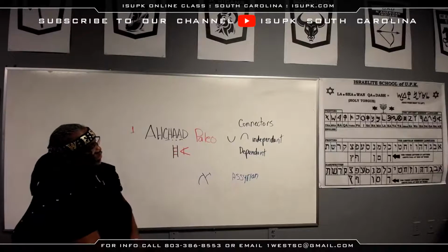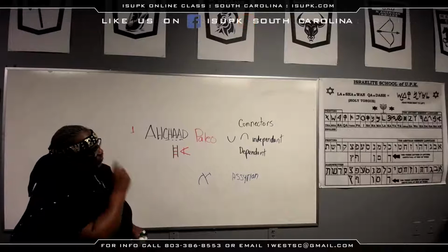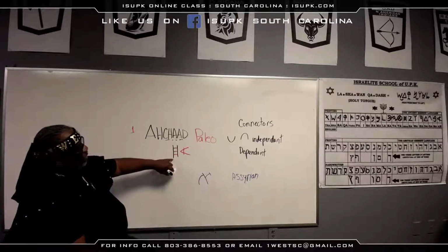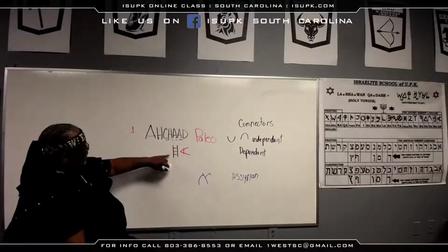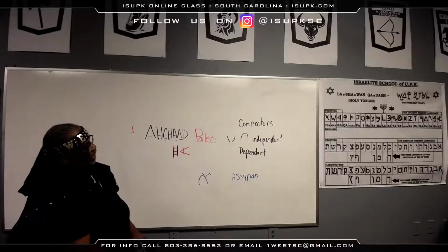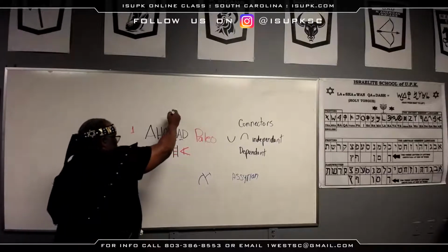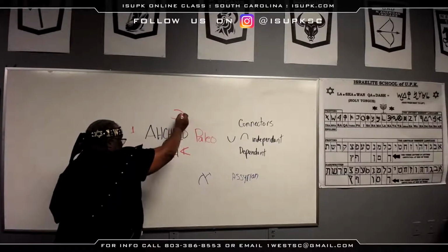It looks a little different. In this case, this ka right here looks like this when you say C-H-A-A. Now we're not talking about the ka that looks like this. We're talking about the differences here.